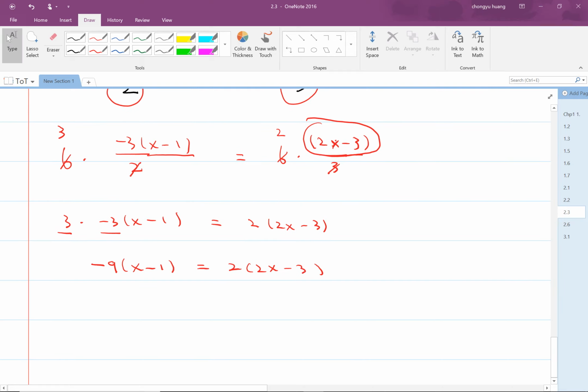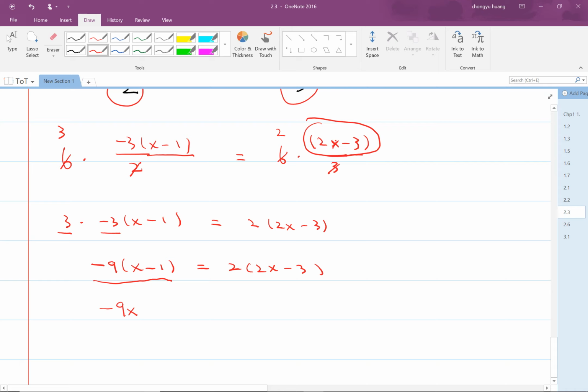Now we want to get rid of the brackets again, so we have to expand. Starting with the term on the left, we have negative 9 multiplied by x, so it becomes negative 9x.